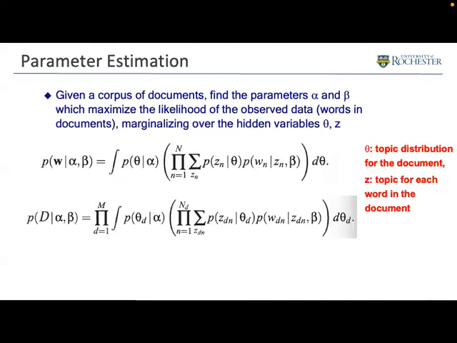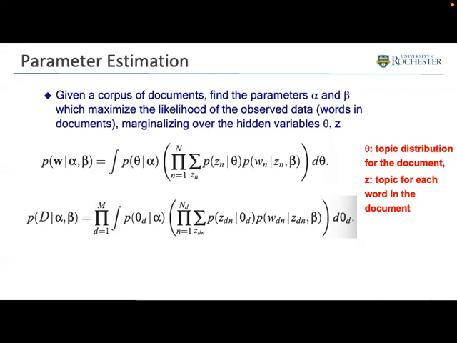The full formula for the LDA model, the parameter estimation for the LDA model, is given by these two formulas. So we can take it step by step. Okay, so the theta is the topic distribution for the whole document, and the Z is the topic for each of the words within the document.